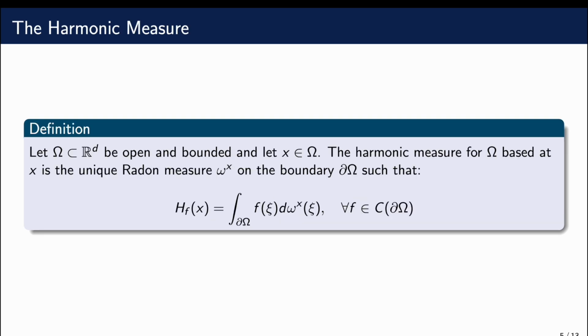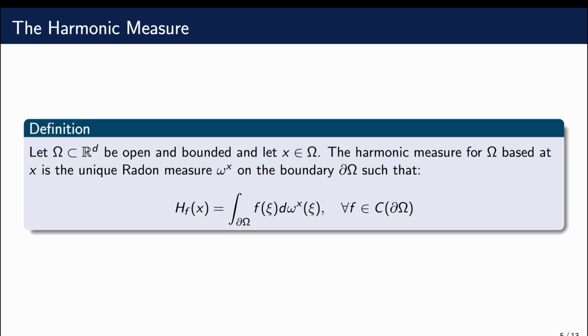Now, getting to the harmonic measure itself, we're looking at omega as an open and bounded domain. There's more where you're dealing with unbounded domains with finite perimeter and other cases where you can look at the harmonic measure, but we'll focus mostly on the open and bounded domain case.